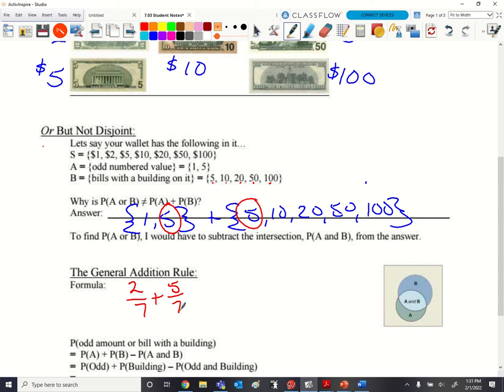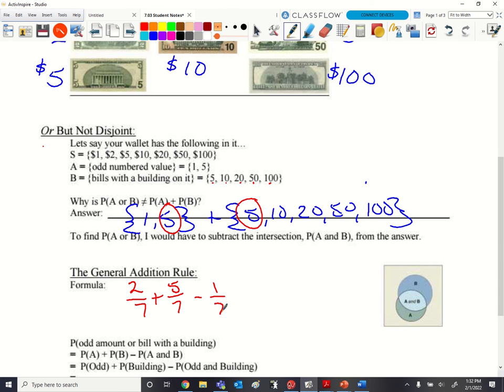But they have some in common, don't they? How many do they have in common? They have one in common, the 5s. So I'm going to subtract that one: minus 1 out of 7, because they only have 1 out of all 7 in common that is in both sets.